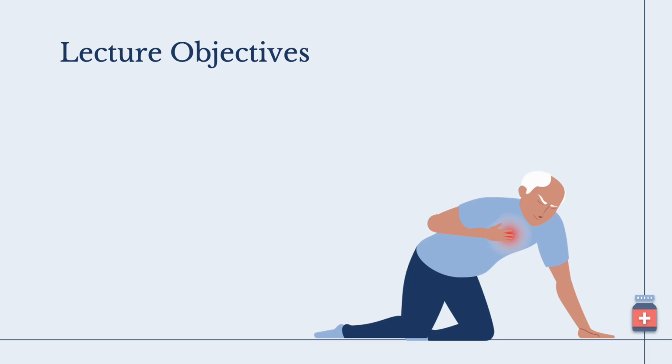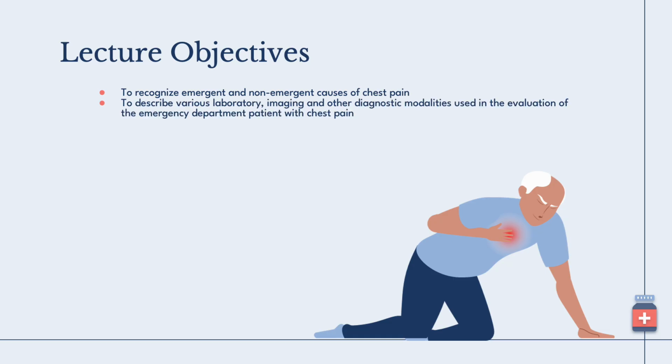So our lecture objectives. So obviously recognize emergent and non-emergent cases of chest pain. Really important to think about a broad differential and not just be thinking about cardiac chest pain, which is why we're approaching it from a common complaints versus organ system at this juncture in your education.